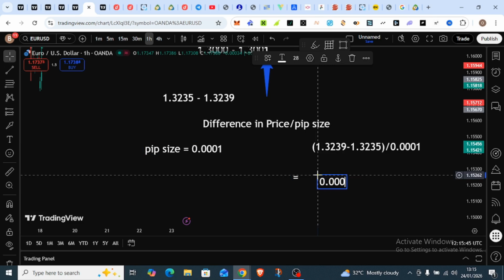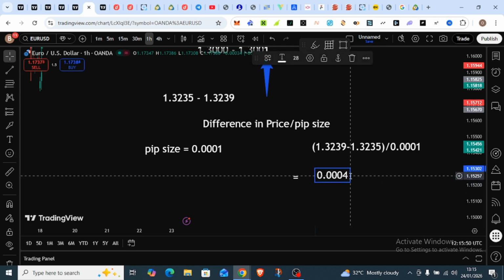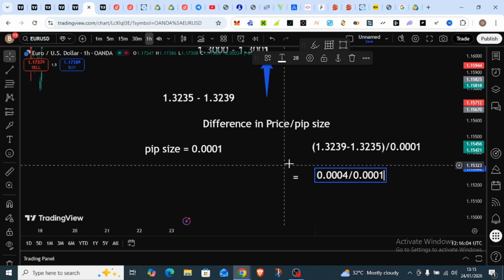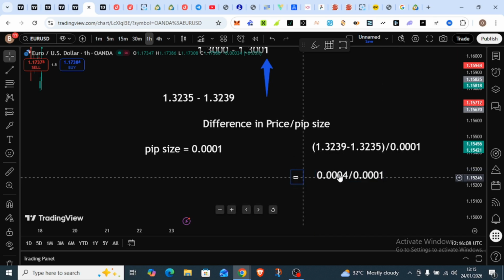We have this over 0.0001. When you divide, you see that the pip movement is 4.